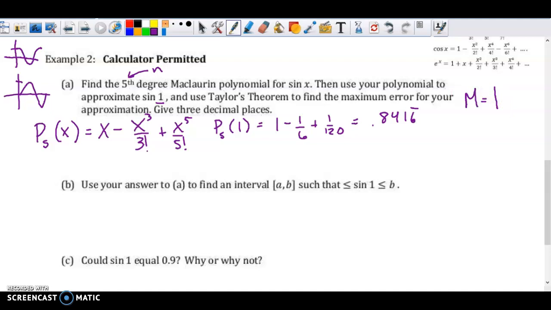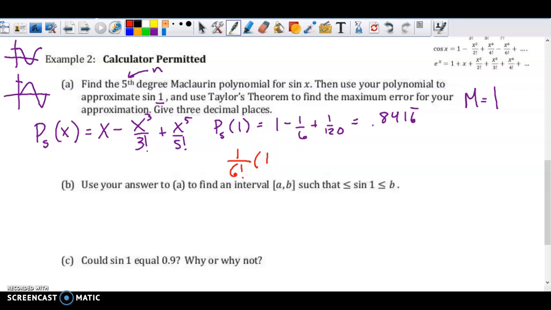Once we know what that max value is, we can use that new formula that we were just talking about. So this is where you have your M over your (n plus 1) factorial times your x value, which in this case is 1.